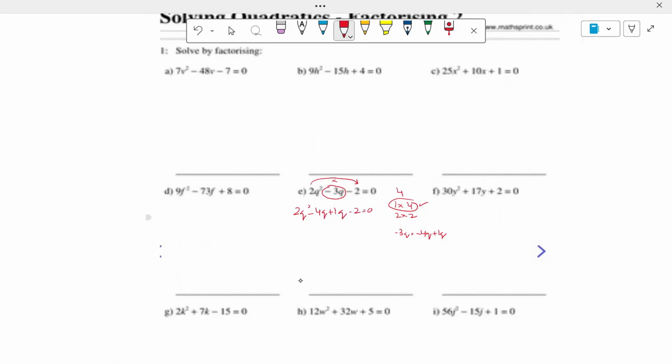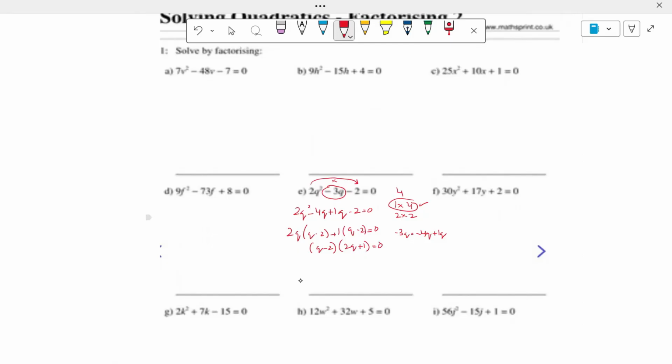Now taking common in pairs. Now check out 1q minus 2. There is apparently no number or variable common. So when there is this kind of situation, you will take 1 common because 1 is the common factor available here. Now both the brackets are the same, so you get q minus 2, and you're left with 2q plus 1 equal to 0.